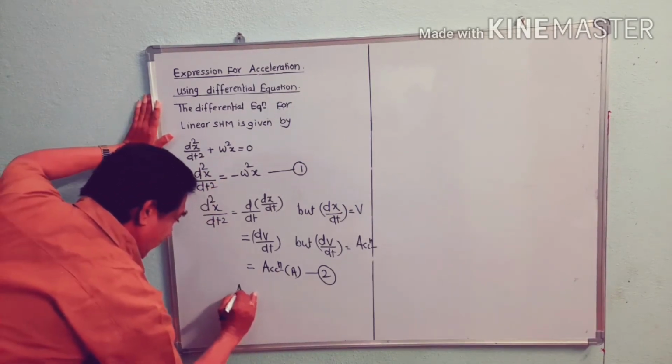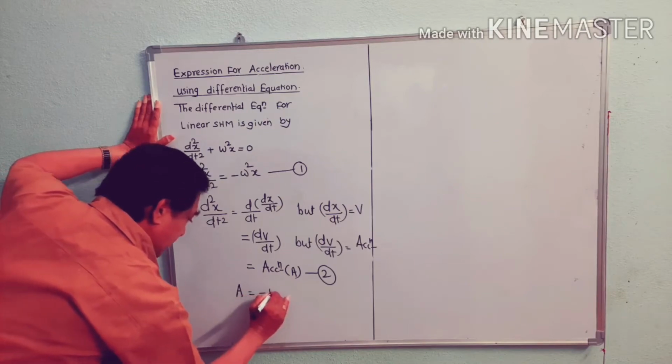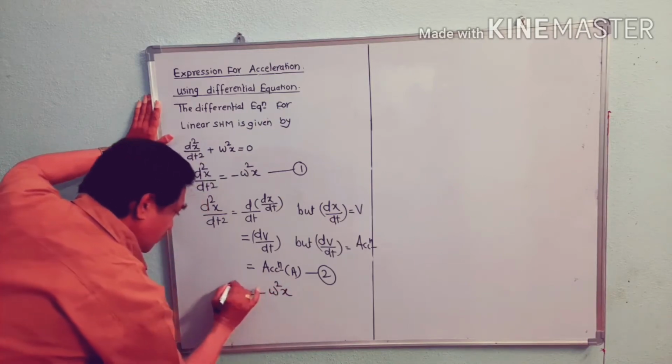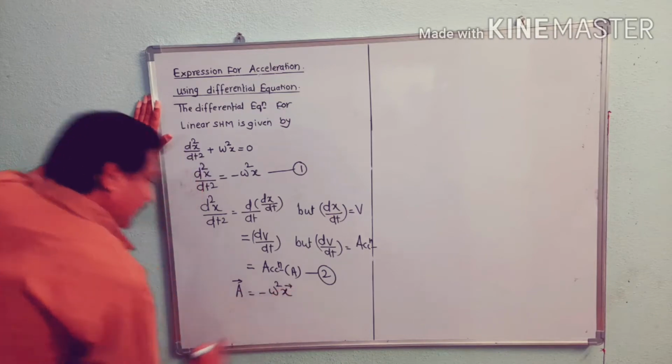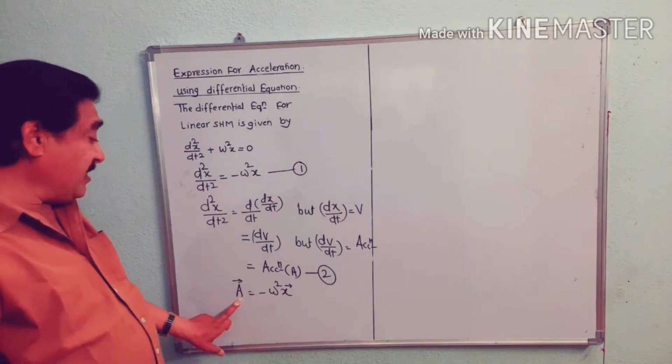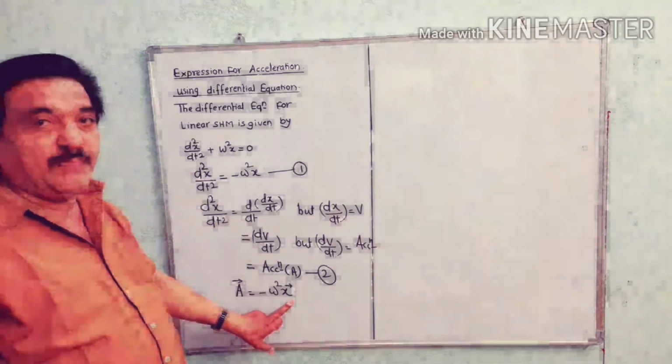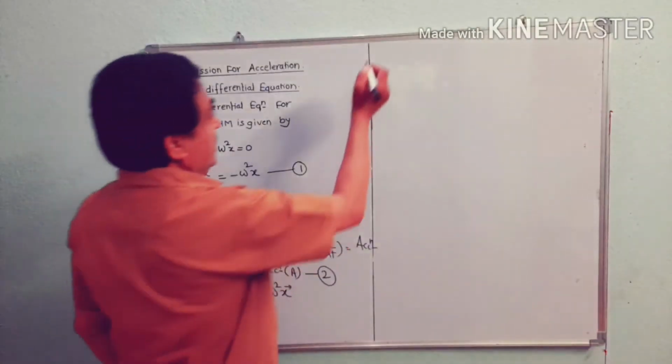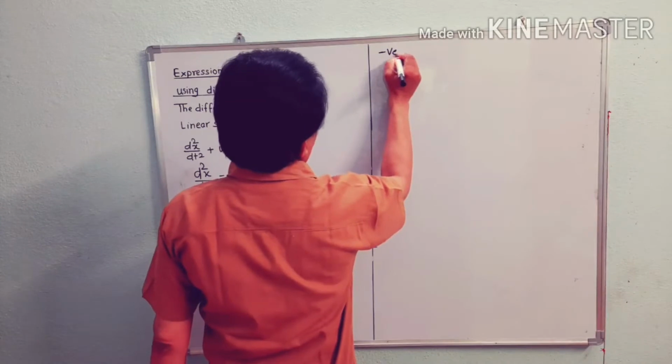acceleration a is equal to minus omega square x. This negative sign shows that acceleration and displacement are in opposite direction.